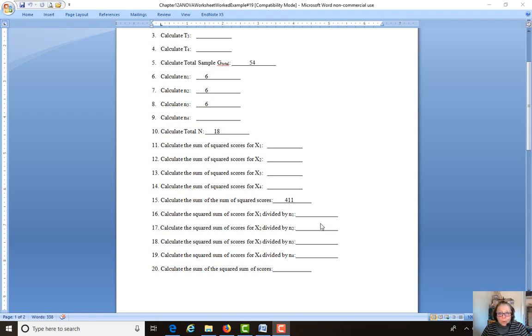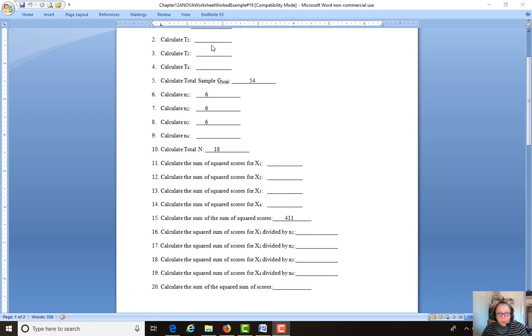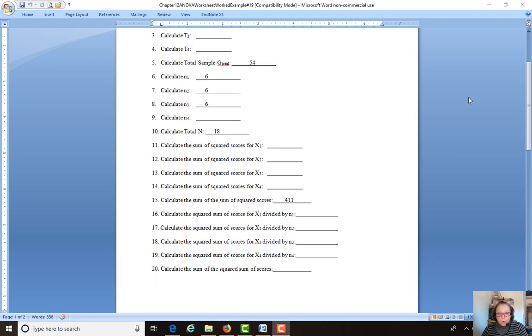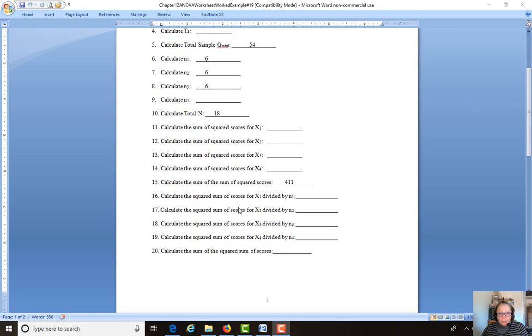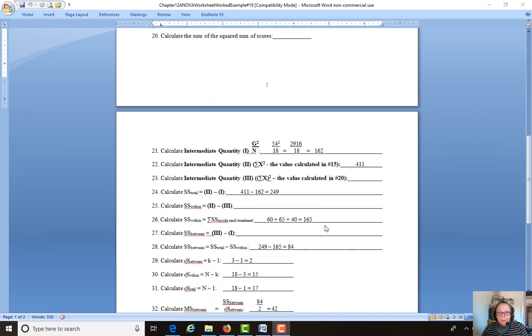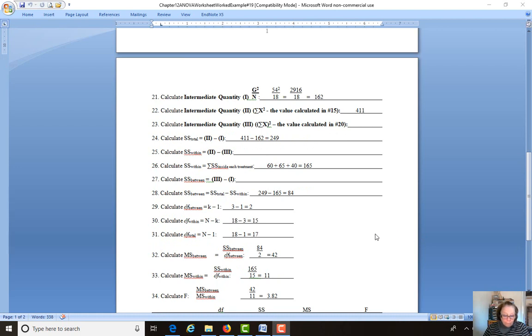Because we don't have the raw scores, we don't have the treatment totals, so we can't complete these steps right here. But we're still good. We actually have all the information that we need to calculate our sum of squares total, sum of squares within, and sum of squares between.